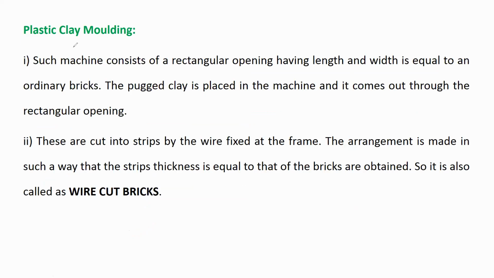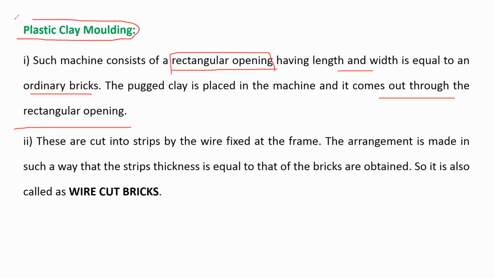Plastic clay molding. Such a machine consists of a rectangular opening having length and width equal to an ordinary brick. The pugged clay is placed in the machine and it comes out through the rectangular opening. In the next slide the figure is there, I will show you.